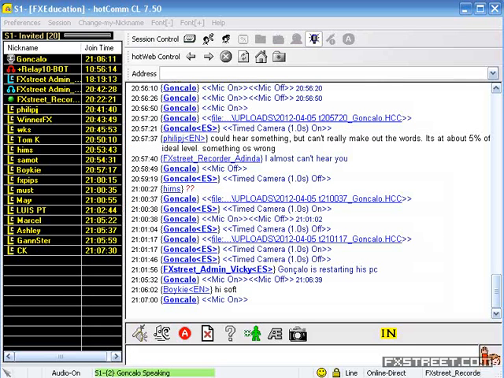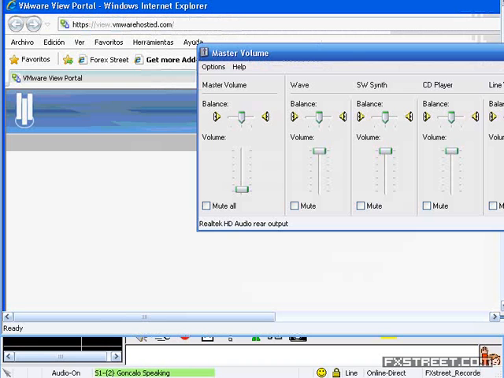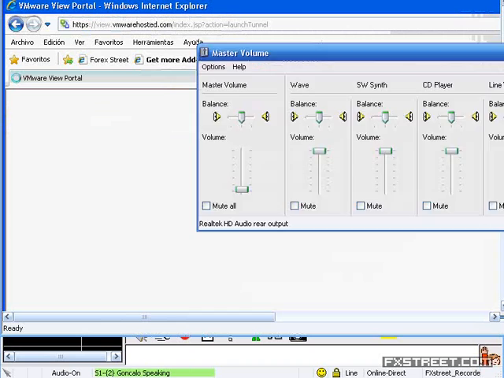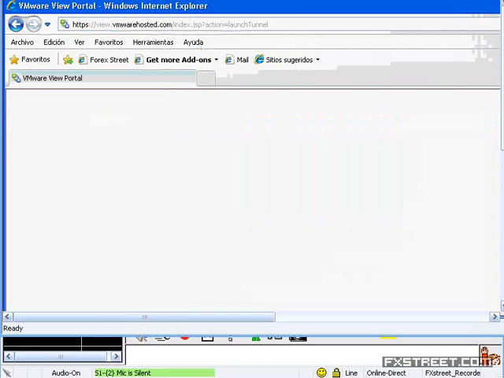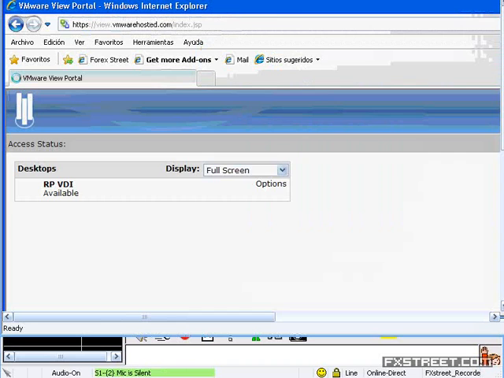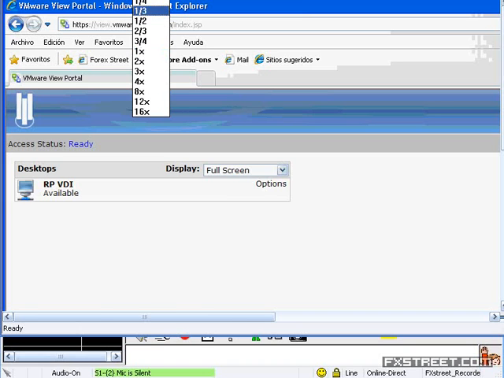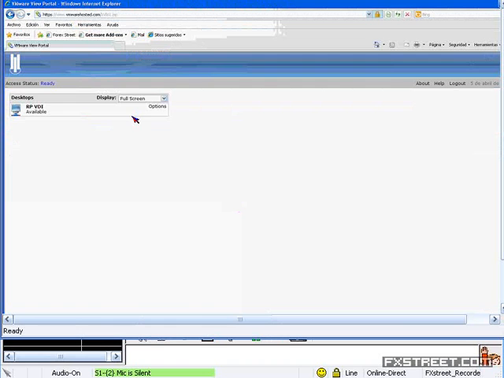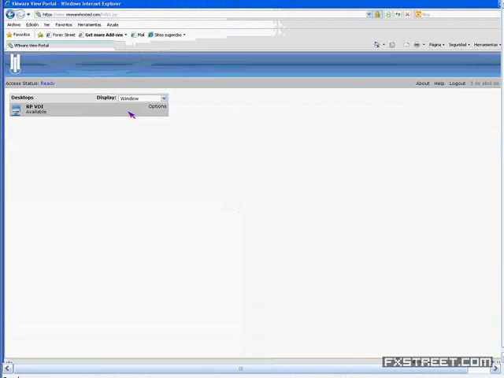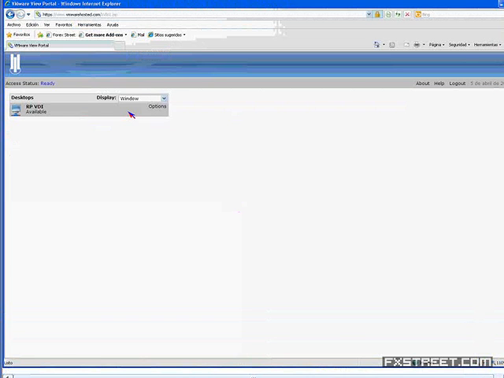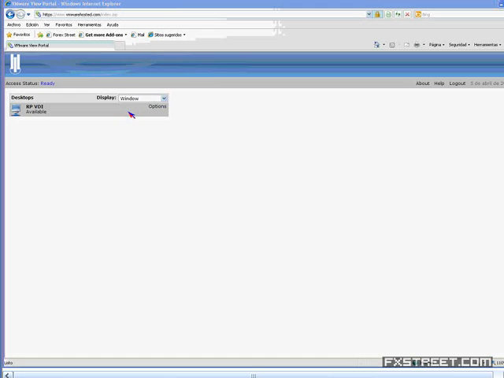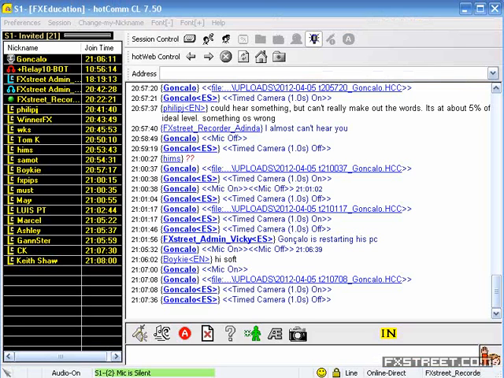Let me just launch the platform. This is a virtual desktop interface where I have the platform on a different server.